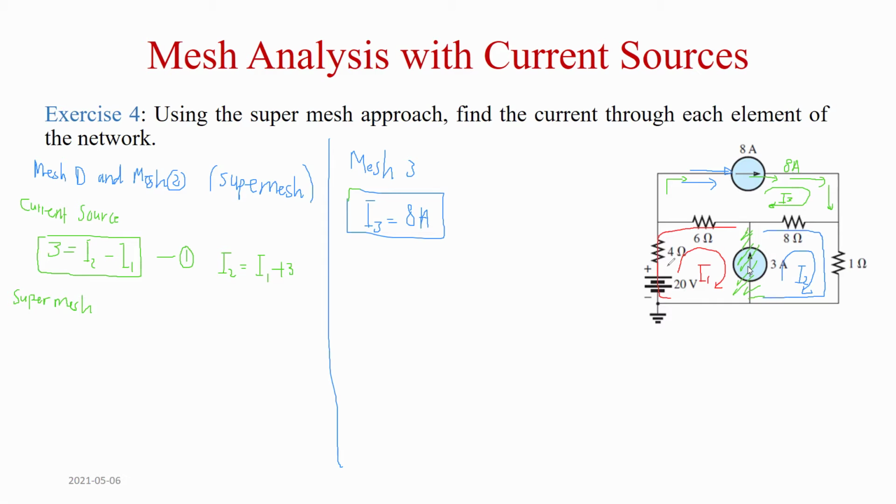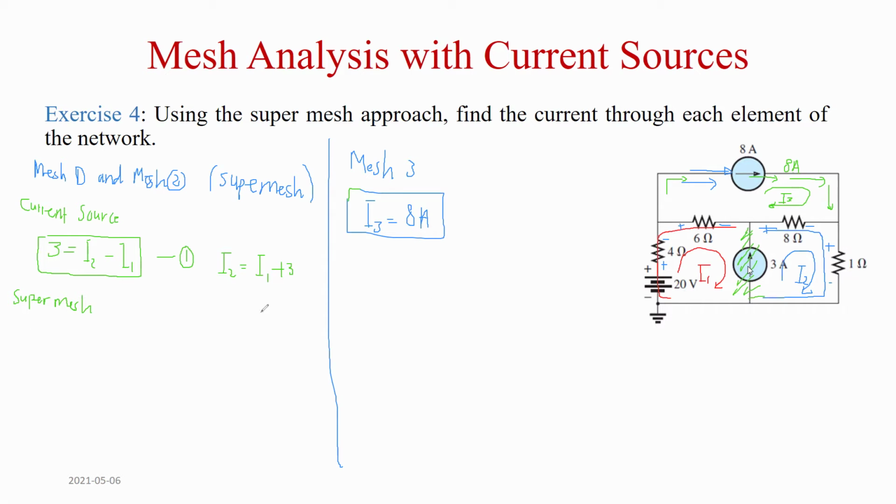So the polarity here, according to mesh one, is positive here, negative here, positive here, negative here. Now this is in mesh two, so this is the polarity according to the second current, positive here, negative here.